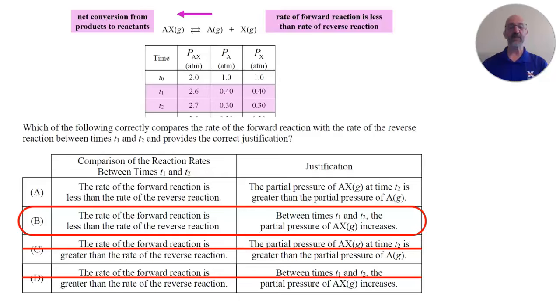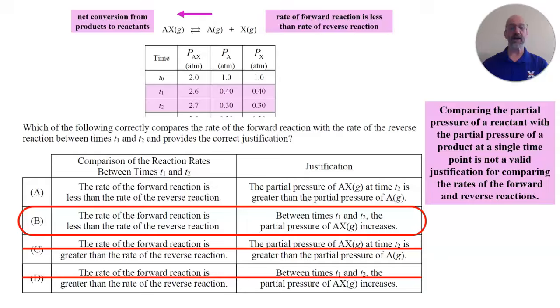Now, if you're watching this video and you're wondering, well, why is the justification in choice A incorrect? It's because we're looking at a single time period. So comparing the partial pressure of a reactant, such as AX, with a product, such as substance A, at a single time point, that is not a valid justification for comparing the rates of the forward and reverse reactions.